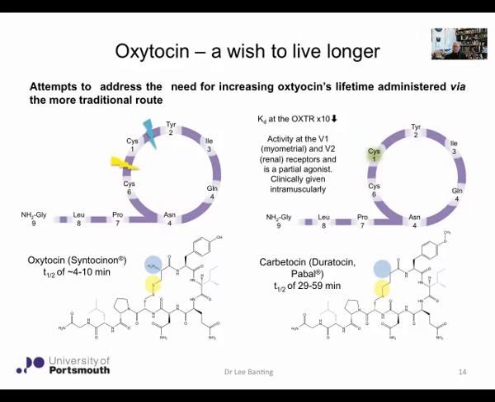This compound acts as a partial agonist at the receptor, also highlighting the very comparable nature of these compounds, despite the difference in the arginine residue on the vasopressin structure. This means that oxytocin compounds can, if you change their structure, act at the vasopressin receptor, and we'll discuss that a little bit more later on.